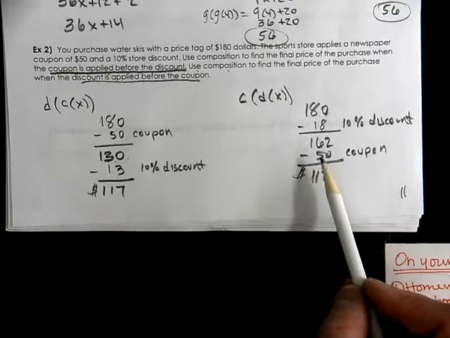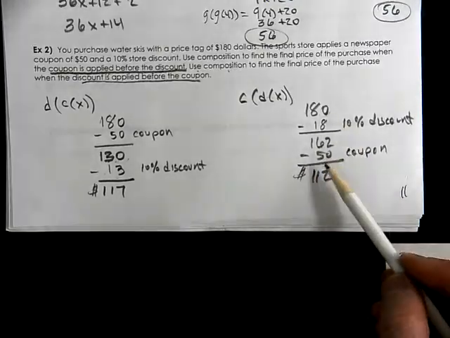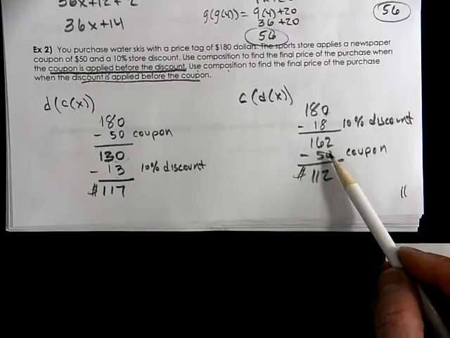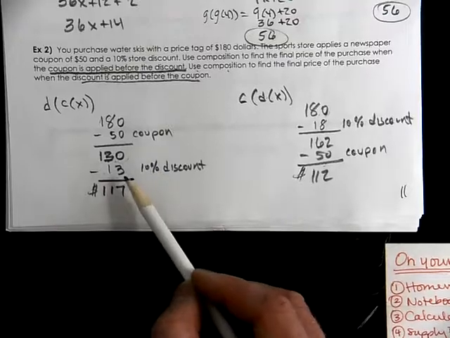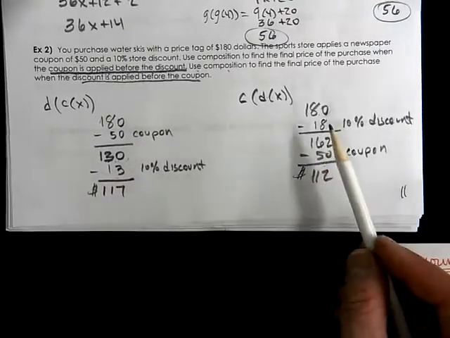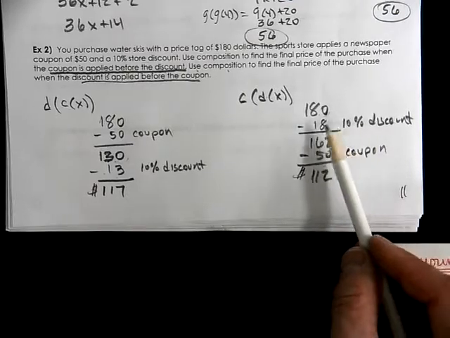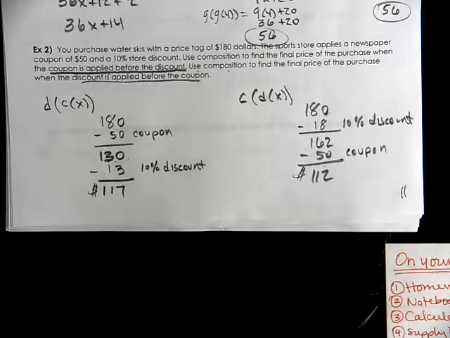The 50 is always off, doesn't matter. So you want that to be off of a smaller amount. So we took 10% off in this situation and only discounted ourselves $13. In this case, we discounted ourselves $18, and that was the difference between the two prices.